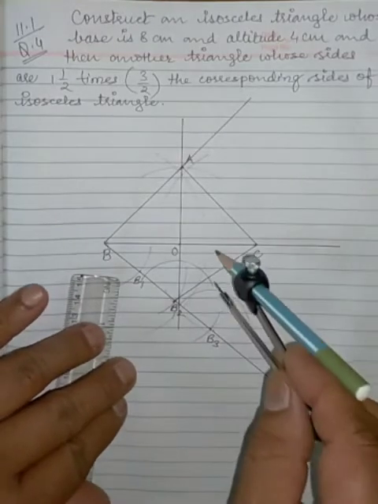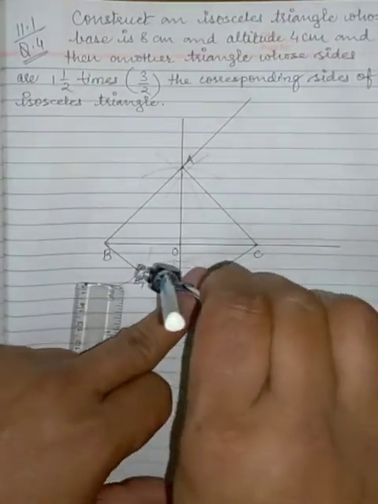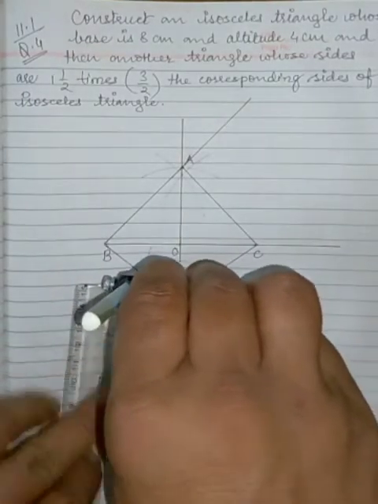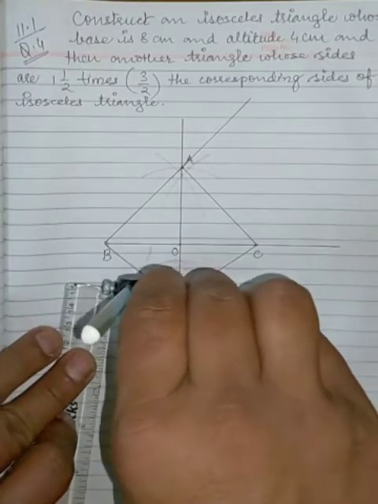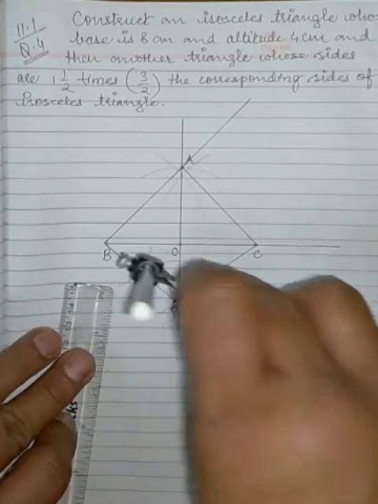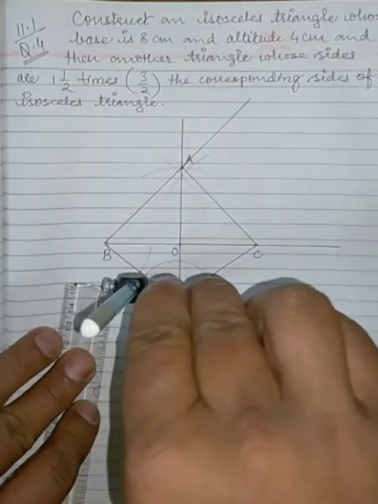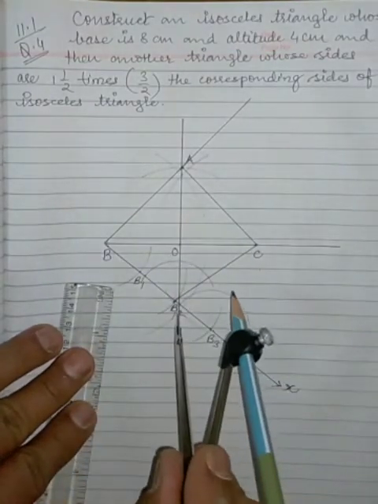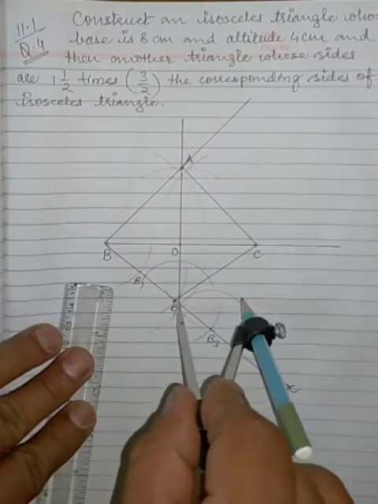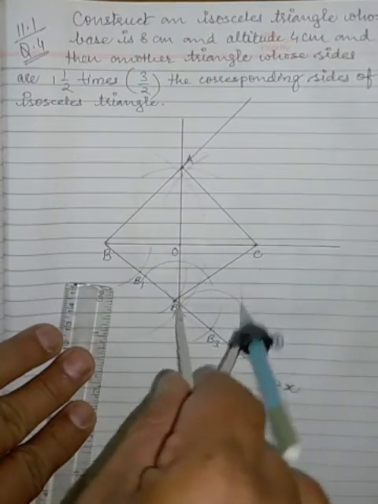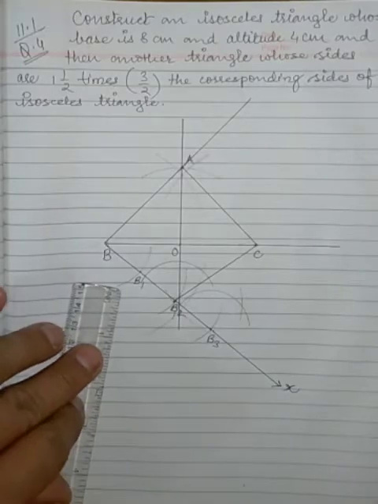Now we have to measure the width of this angle. It is very important, so you have to take the accurate measurement. From this point we have to draw an arc with this width to intersect the previous arc.